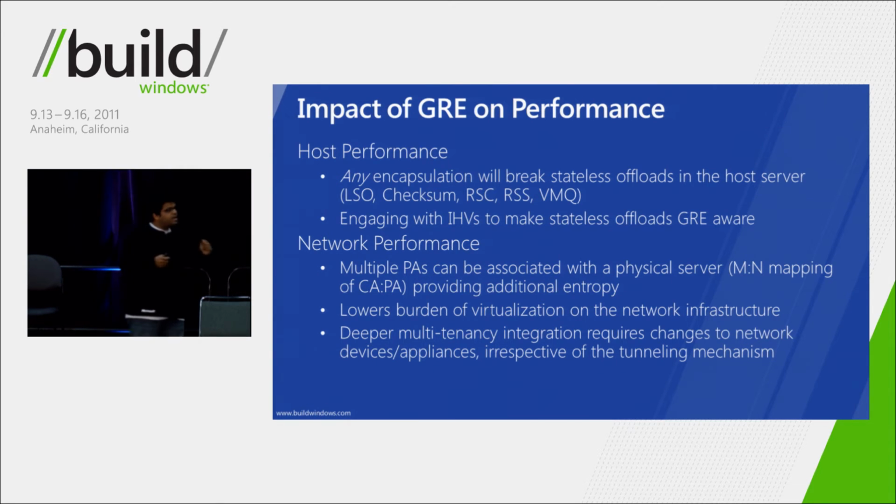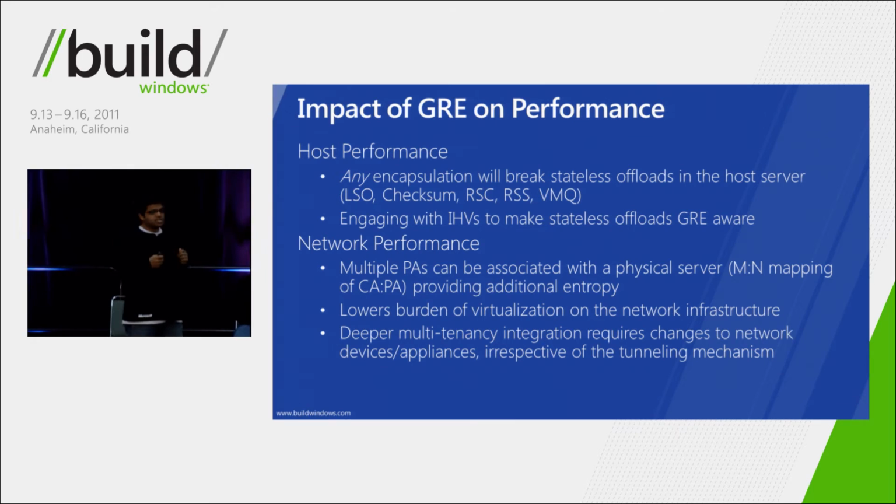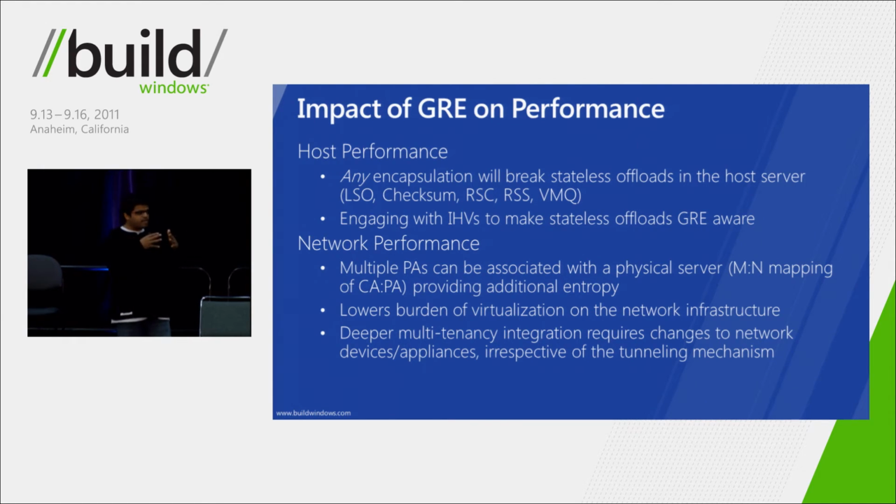Now, one of the big advantages of using GRE is the reduced burden on the network infrastructure. Server virtualization has actually increased the burden on the network infrastructure. Here is how that happens, right? Earlier, before the servers were virtualized, a top-of-the-rack switch would have a bunch of servers in the back, and the top-of-the-rack switch would be aware of the MAC addresses of all the servers that it's serving.